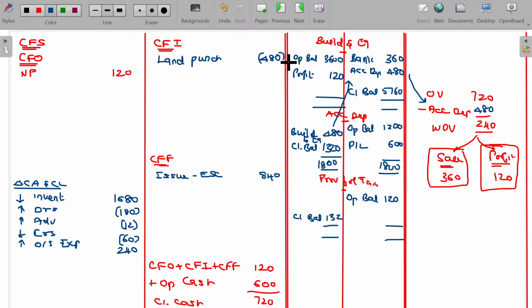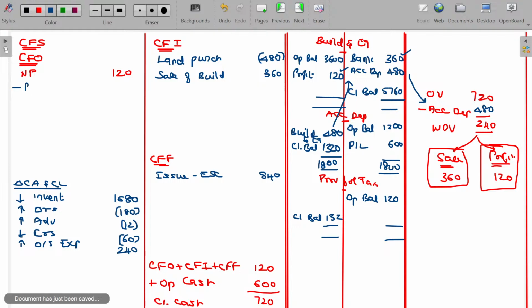Whatever you record, it should be posted twice. 360 should be posted where? Sale of building. Cash from investing, the value being 360. And this profit on sale is credited in the P&L account, but what is that? A non-operating item. If you are removing it, then the profit will decrease.